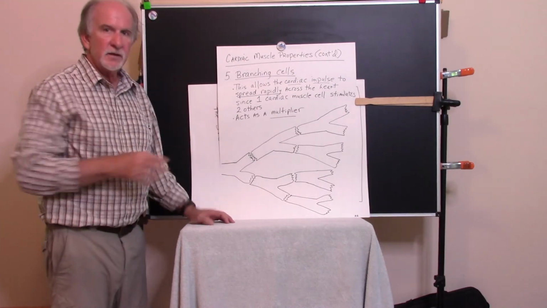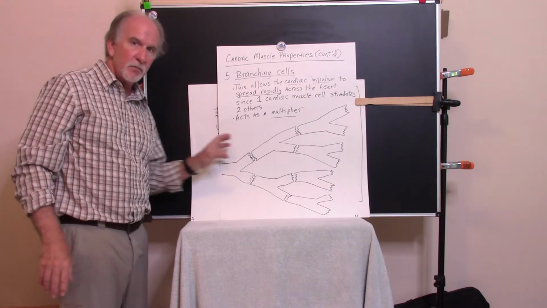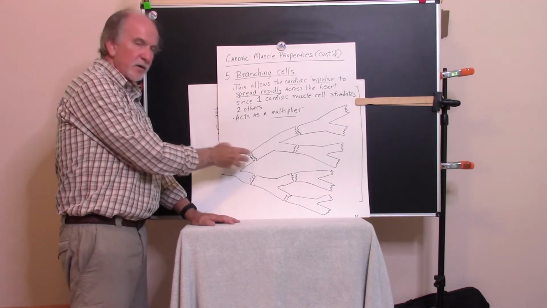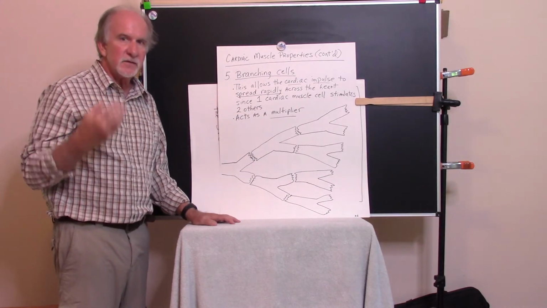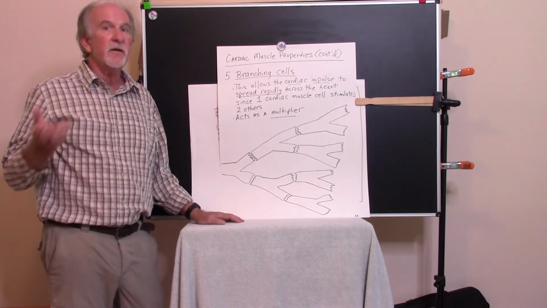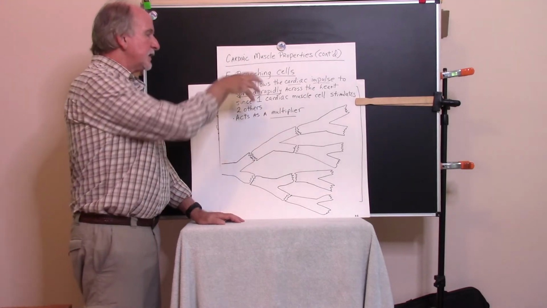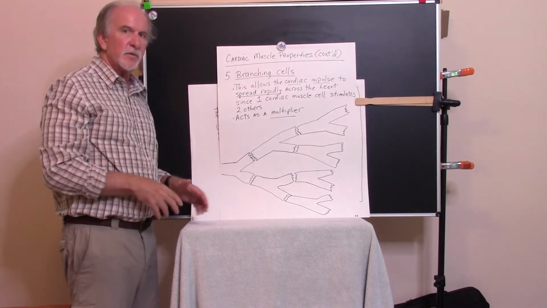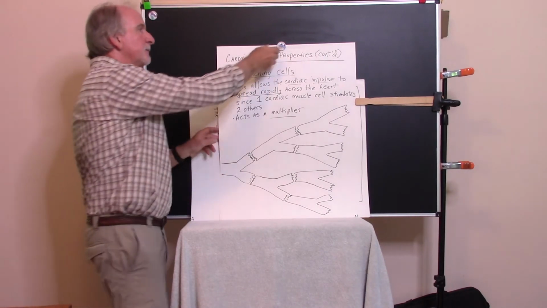So when the cardiac impulse spreads across the heart, you get a multiplier effect, because one cell will pass the cardiac impulse to 2, 4, 8, 16, 32, 64, 128, 256, 512, 1024, etc. And that means that there is this multiplier effect that spreads the cardiac impulse from one cardiac muscle cell to another very rapidly.